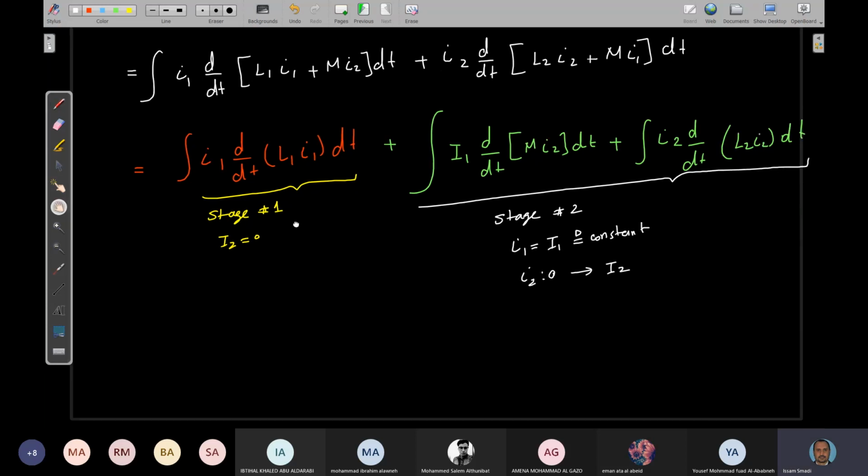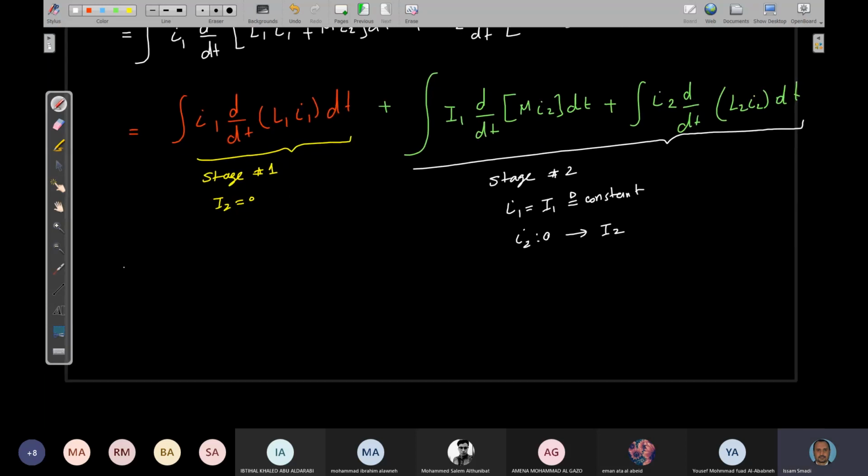Now, if we do the math, we can find now the field energy, omega F, is equal to the first one, 1 over 2 L1 I1 square. This one, if I evaluate, will equal M I1 I2. And if I evaluate the last term here, this will equal 1 over 2 L2 I2 square.